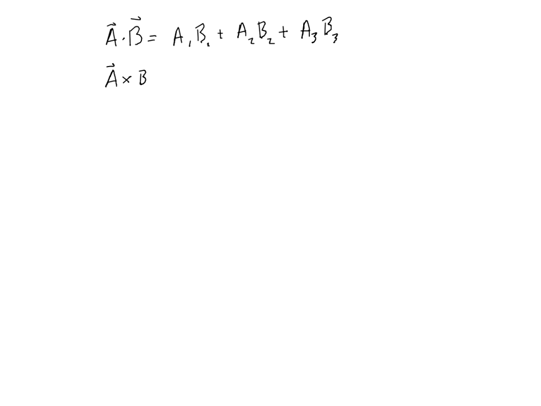And A cross B is equal to, basically you just have this matrix and you just calculate the determinant of this matrix, and it's going to give you the cross product.